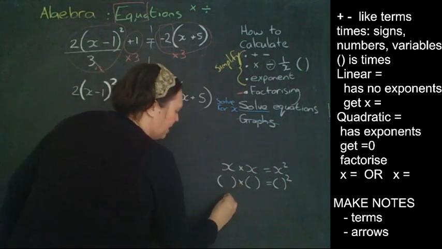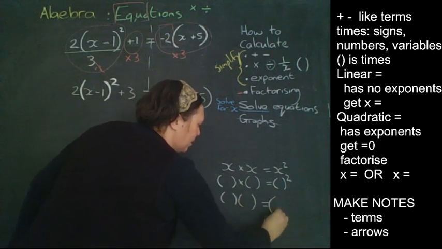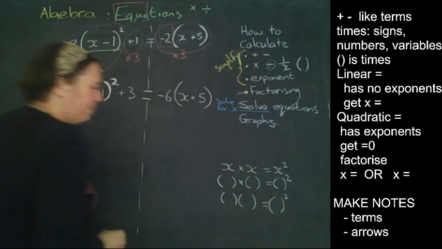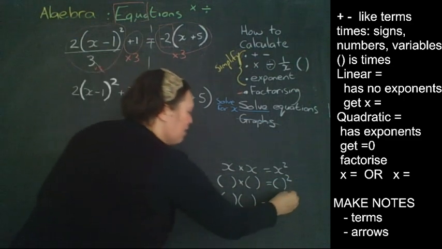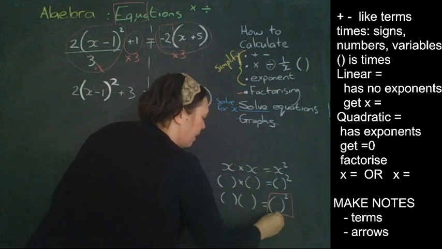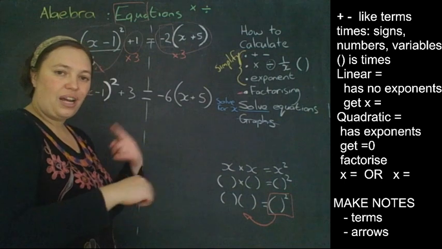Remember, we don't have to write this times. We can also just go like that. It is bracket squared. So now we're just going in the opposite direction. They gave me this, and I'm going to split it up like this so that I can multiply it in.